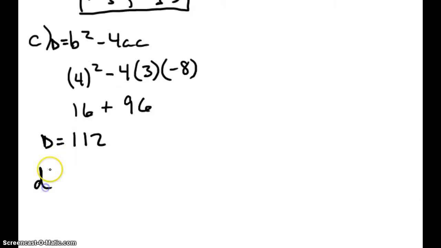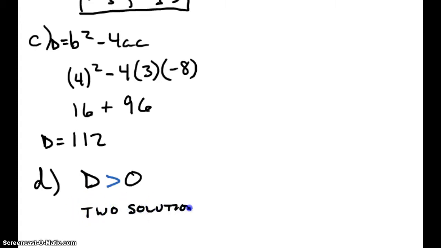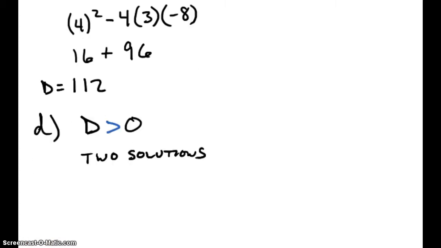For part D, I'm just concerned with D and its relationship with 0. Again, D is positive, just like it was in number 1. So since D is positive, that tells me that I have 2 solutions. For part E, we're supposed to figure out whether the solutions are rational or irrational.